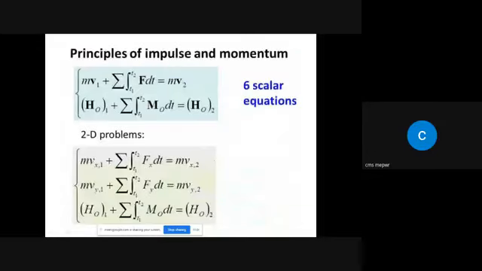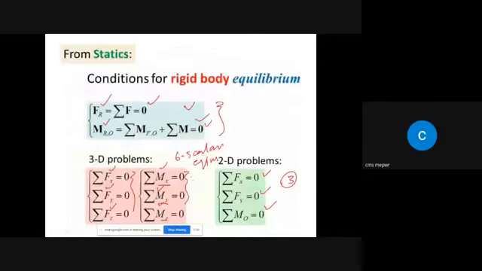Okay, so if we consider the principle of impulse and momentum, in that case, we are having two equations. If we compare it with the previous one, over here the resultant force was equal to 0, and in this case the resultant moment was equal to 0.